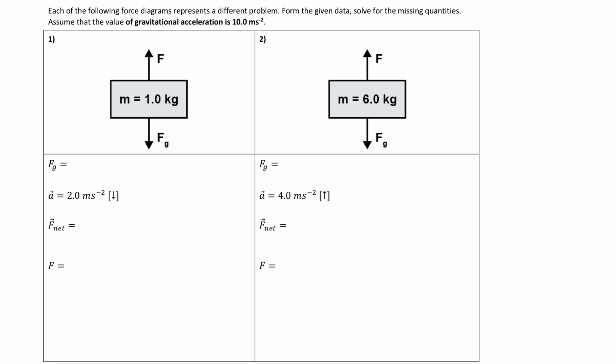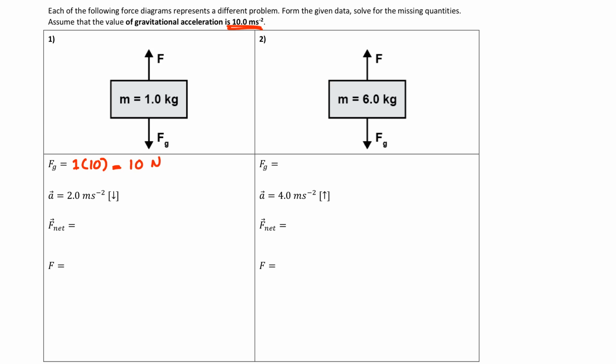Okay, let's do this. Weight, or Fg, for the very first one, we can see that the mass of this object is 1. So the weight is going to be mass times the gravitational acceleration. So that's 1 times 10. Note that we said 10, use 10 here. So that's going to be 10 newtons.